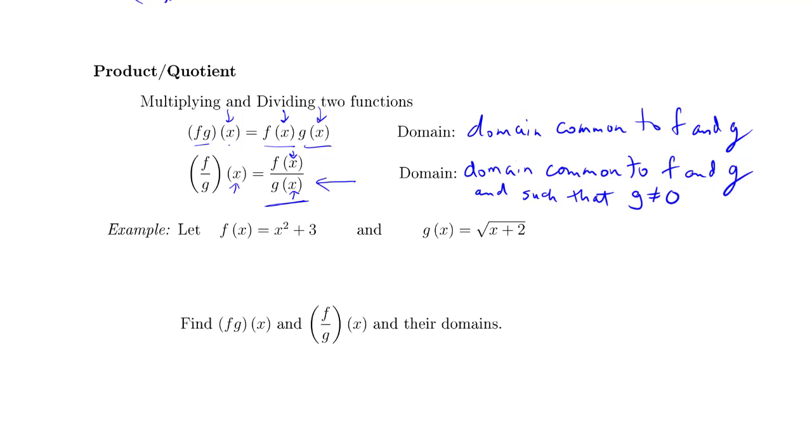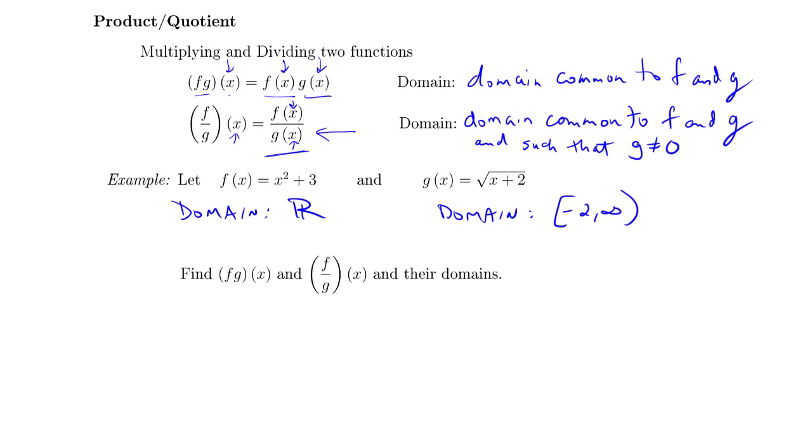So again, let's take these two functions. We looked at this before. Domain here is all real numbers. The domain here is -2 to infinity. All right, so what would it mean to do these product and quotient functions? Again, they're pretty easy to build. If you want the product function, fg of x, it would be f of x times g of x.